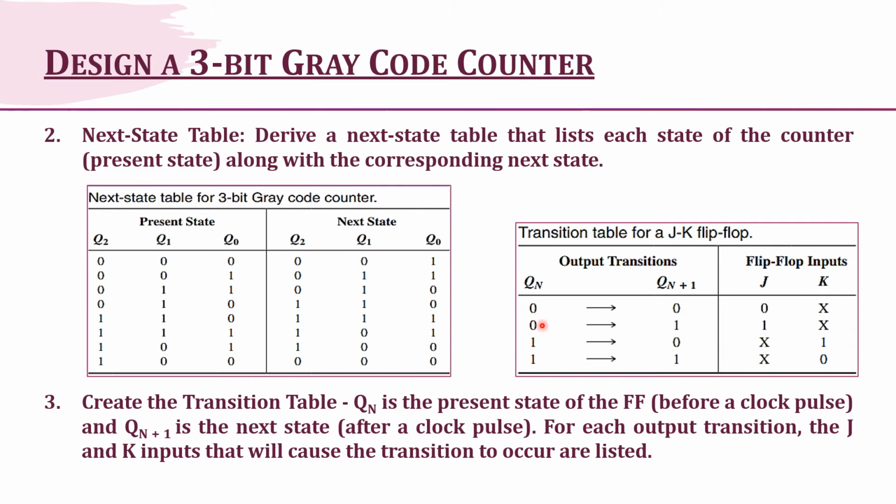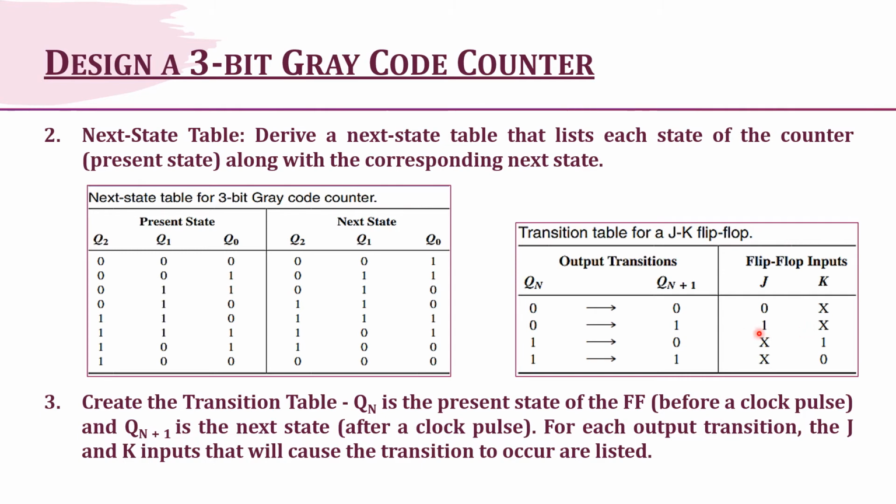Now let's look into the next transition, the 0 to 1 transition. From 0, it should trigger to the 1 state. To have this 1 state, we need to set the flip-flop. For that we are setting the J value as 1. Then what about the K value?